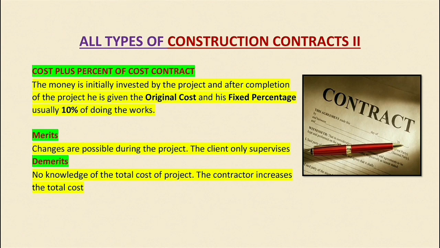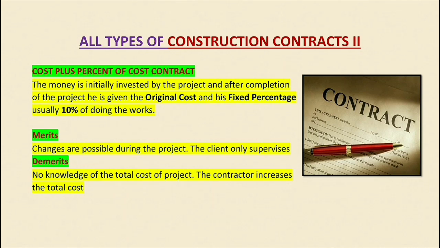The third was a combination of both. Now this fourth is a variation of lump sum contract, where the contractor is given his original amount in lump sum and also some benefit percentage of the total project cost.